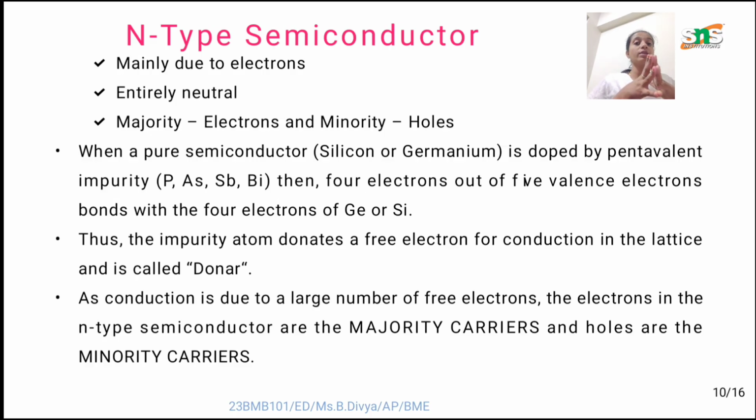As I told you already, the majority carriers are electrons and the minority carriers are holes.